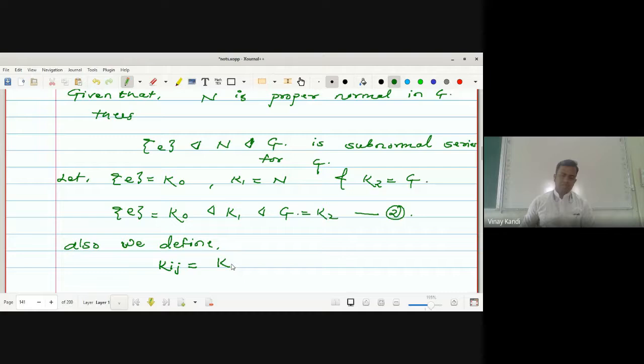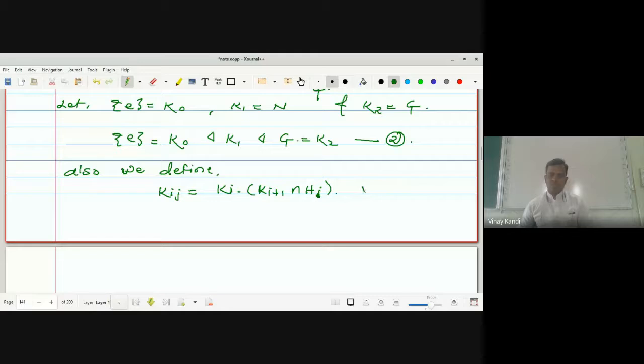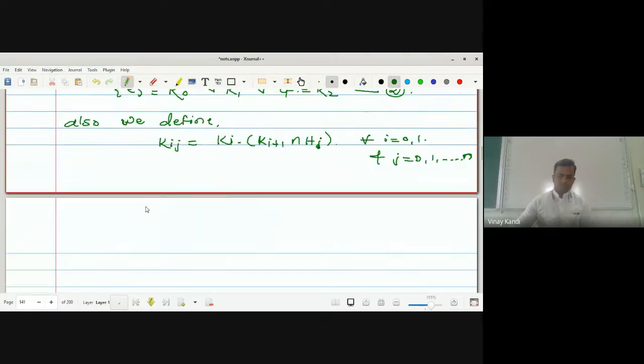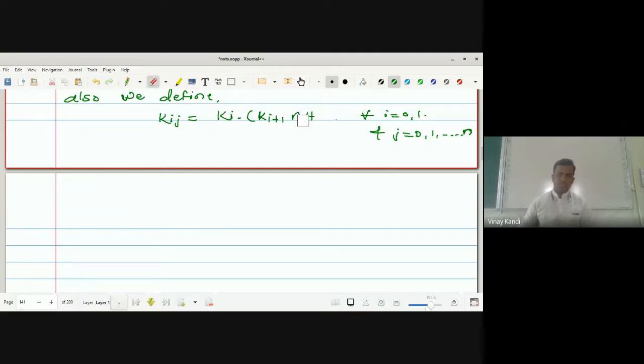Kij is nothing but Ki into Ki plus 1 intersection Hj, by the definition in the proof of Zassenhaus's theorem, where i runs from 0, 1 and j runs from 0, 1 up to n.